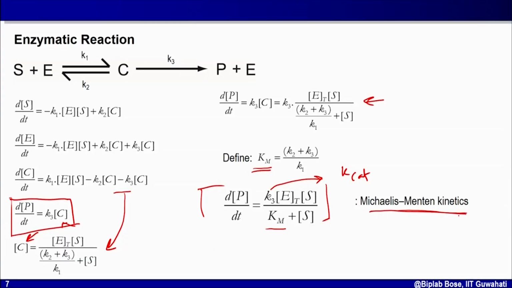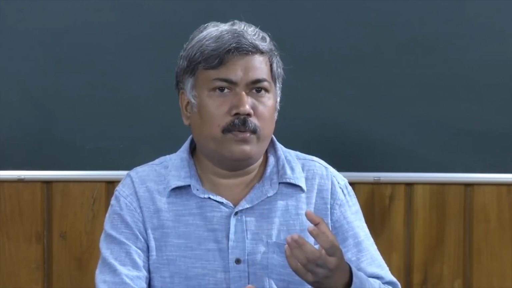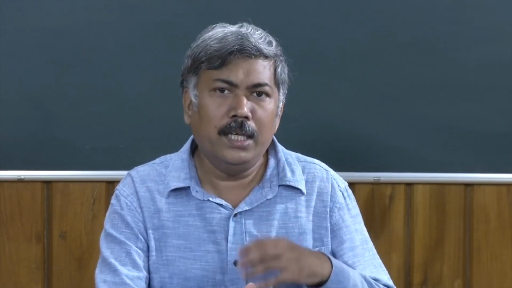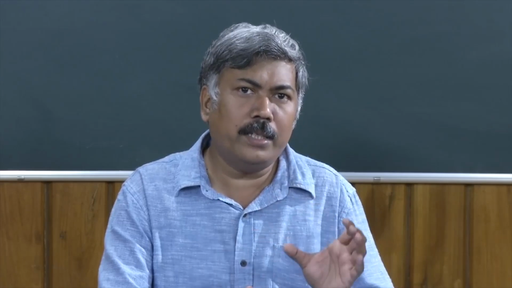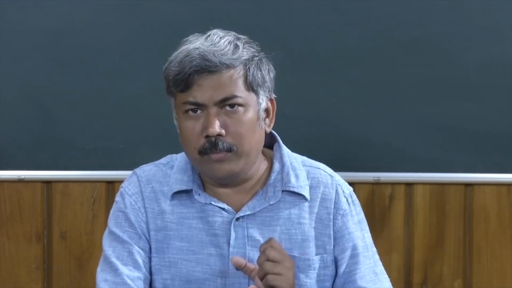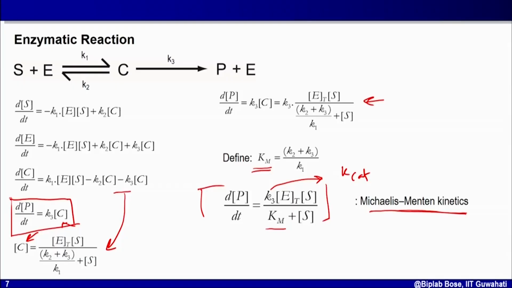So if I have a biological system where the substrate is in large amount, and I can safely assume that the concentration of the complex formed between substrate and enzyme remains in a quasi-steady state for the period of my study, I can consider that the enzymatic scheme is following Michaelis-Menten kinetics, and then I can use this ODE, that dp dt, the rate of product formation, is equal to K3, which some books call Kcat, into Et into S divided by Km plus S.